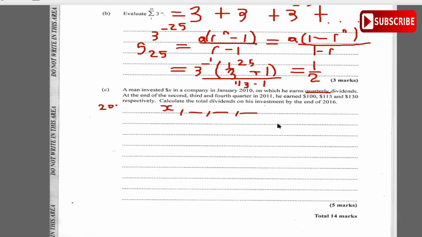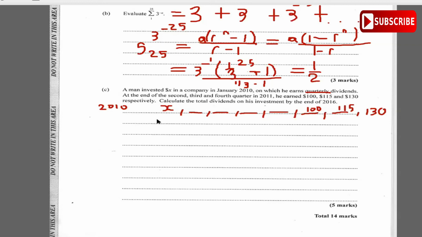Then he continued, and in the second year it would increase again. Then it got to 100. Then it got to 115. Then it got to 130. All right, so what do I know? I know the sequence has a common difference of 15.